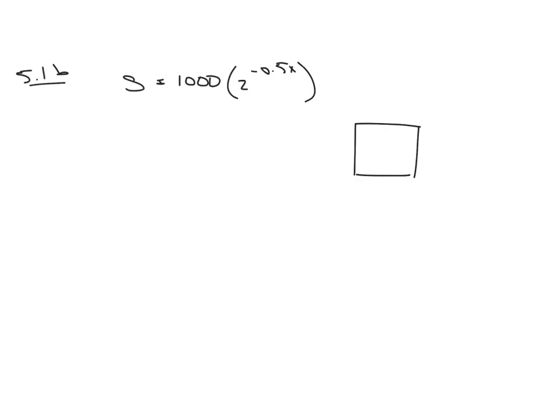It is a key that looks like this. Okay, so then you put 2, hit that key, and then negative 0.5, put enter into that, and that will give you 2 to the negative 0.5x.